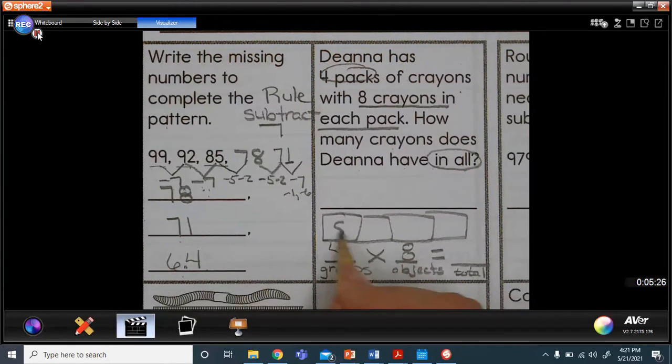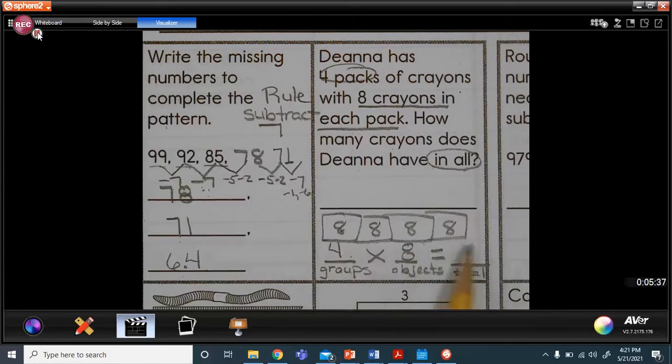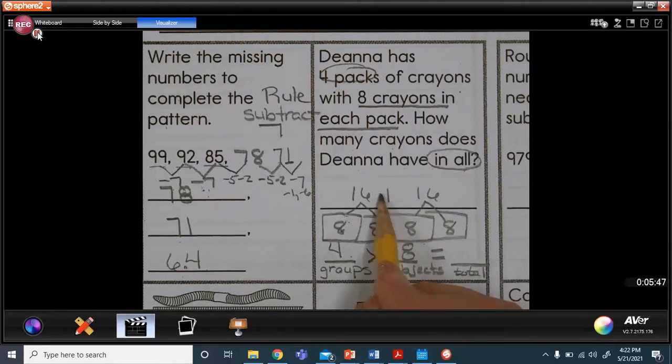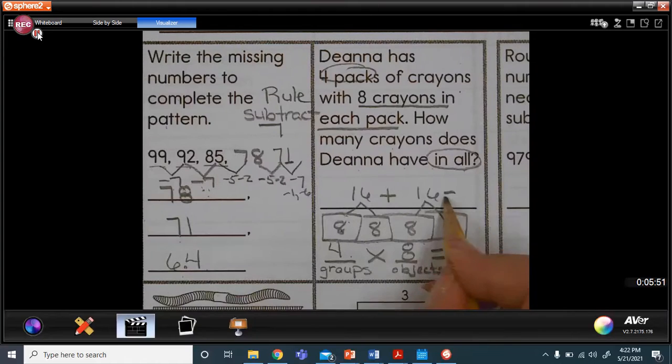So there are 8 crayons here, 8 here, 8 here, and 8 there. Once I have 4 groups of 8, I can add. 8 plus 8 is 16, and 8 plus 8 is 16. If I put my 16 and my 16 together, I get a sum of 32.